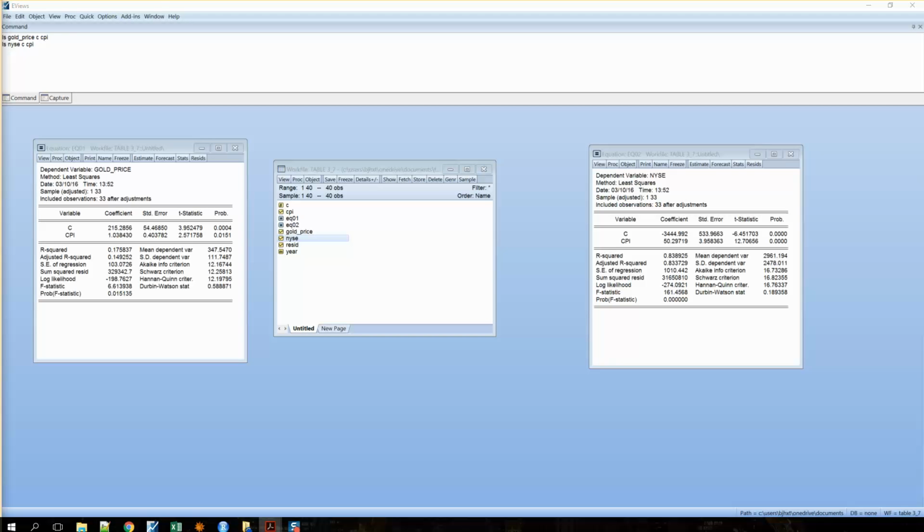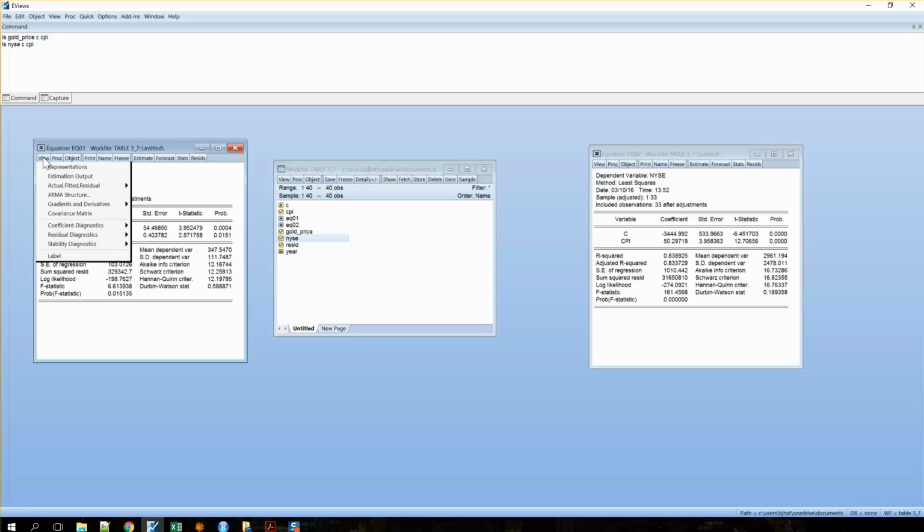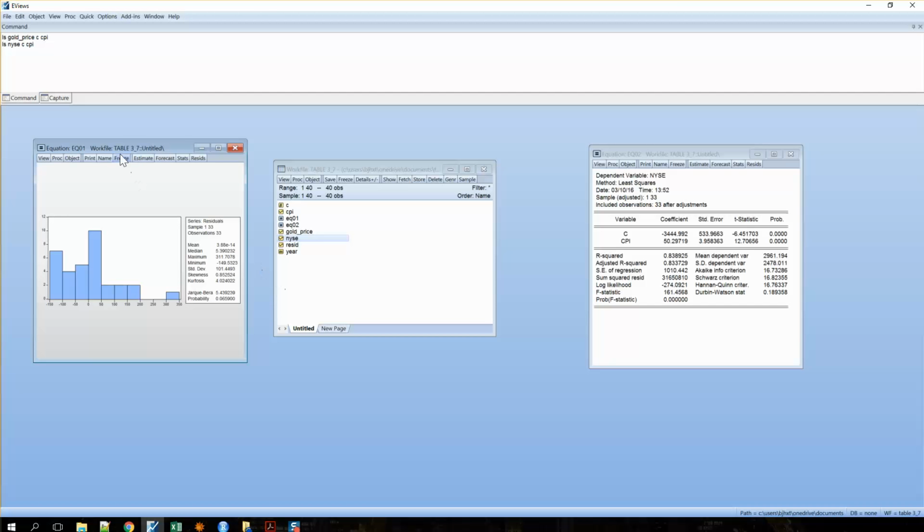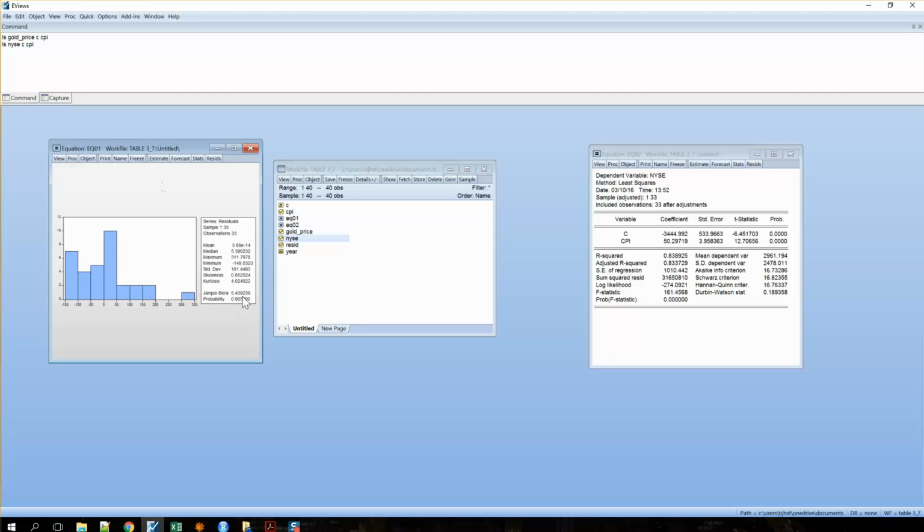The next part of the problem says, test the hypothesis that the disturbances in the two regression models are normally distributed. Okay, so we're going to use the Jarque-Bera test, which is a test on the skew and kurtosis parameters in the histogram of the residuals. So here we have a Jarque-Bera statistic of 5.43.